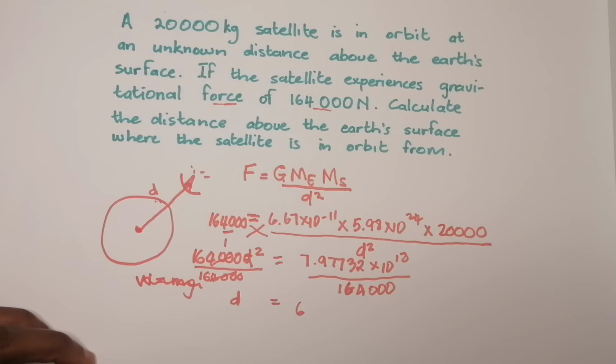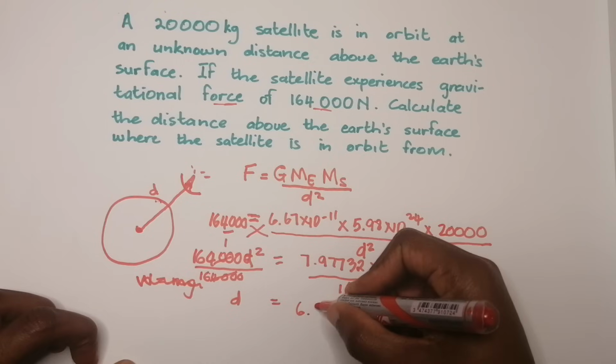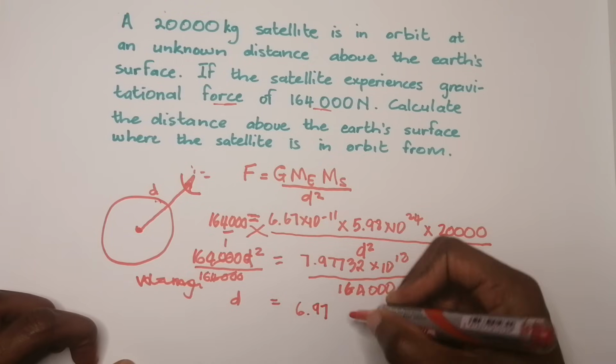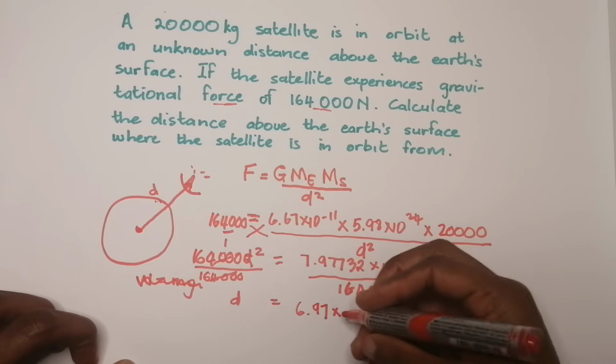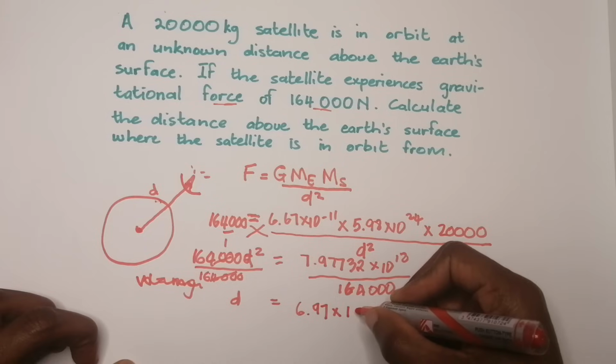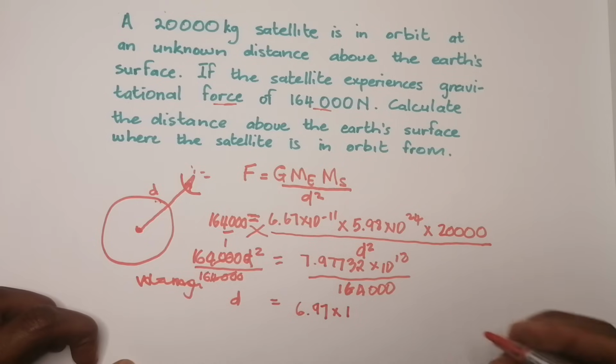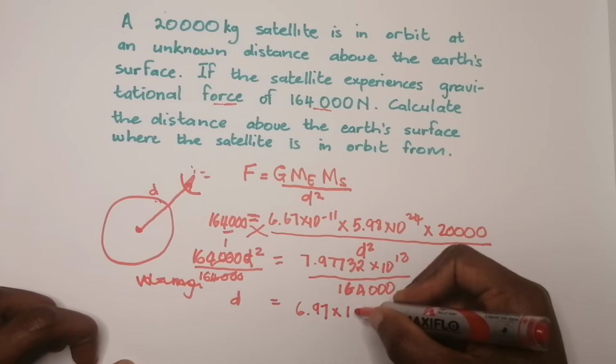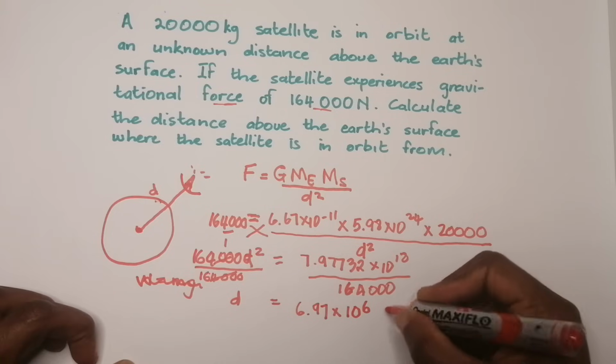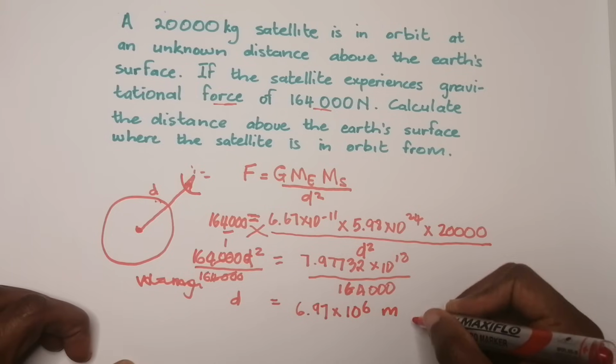So I get 6.97. Please don't worry too much about that. I just converted that answer into scientific form. So I get an answer of 6.97 times 10 to the power 6, and remember, that is in meters.